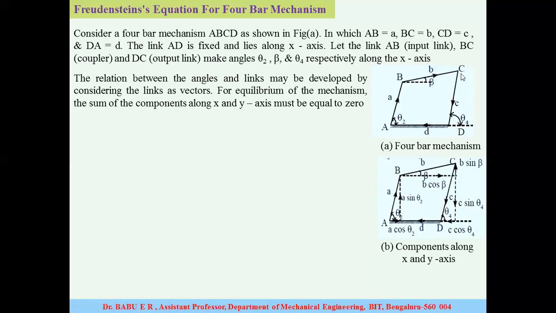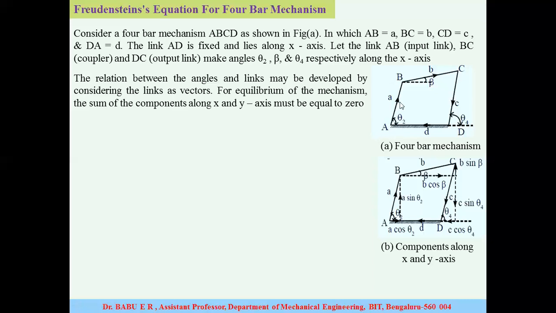So here we have taken a 4-bar mechanism. I have defined the length of the links, and the links are represented by vectors. And every link is inclined with respect to the horizontal axis.